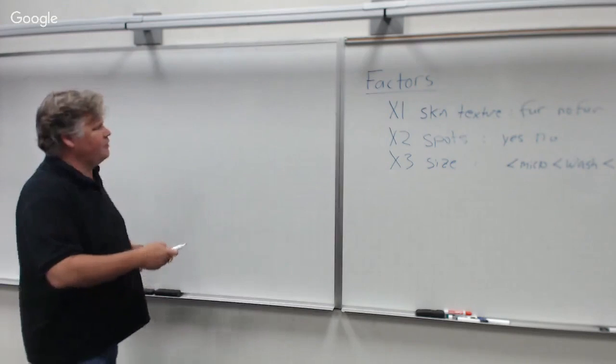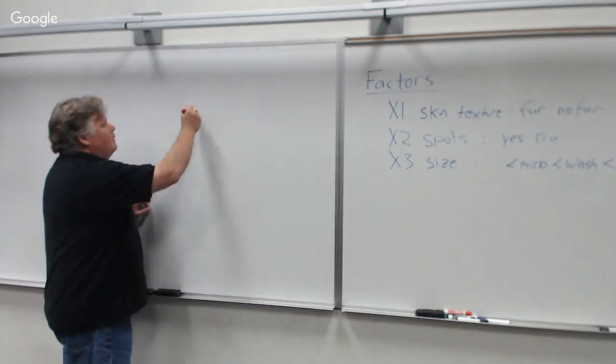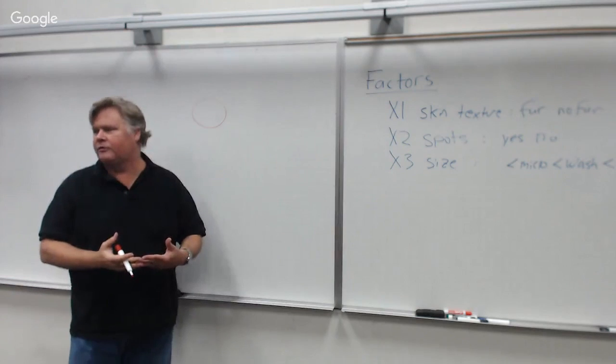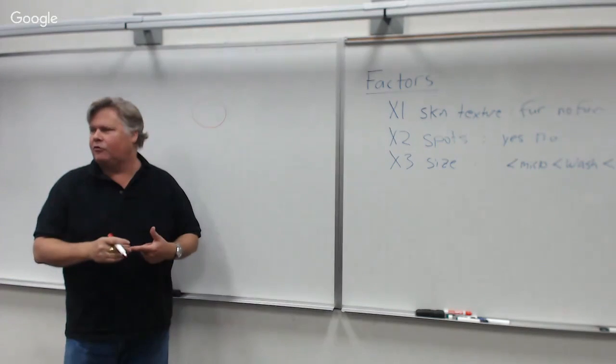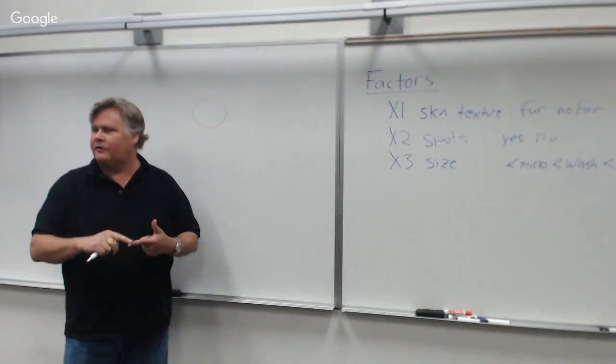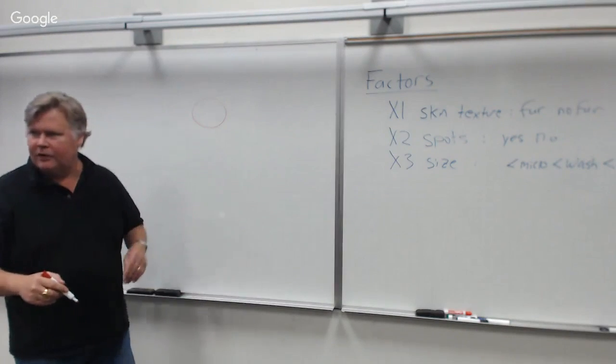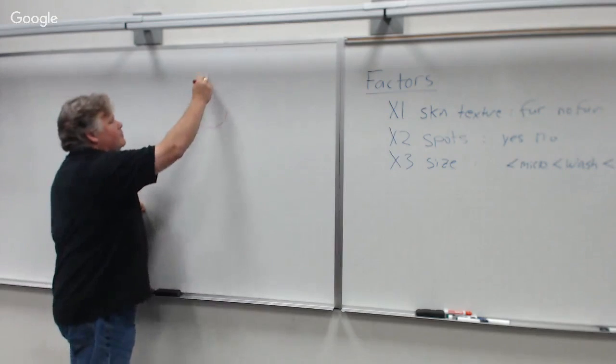So a decision tree works like this. It's composed of nodes, and there are two types of nodes: decision nodes and leaves. One of these nodes is the root node.